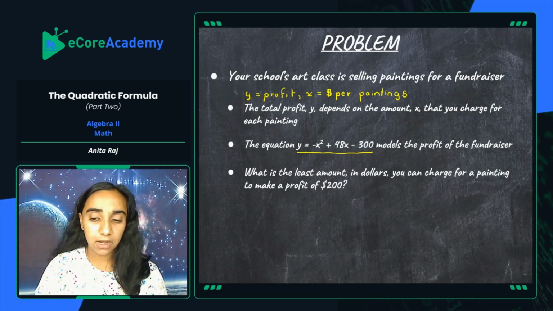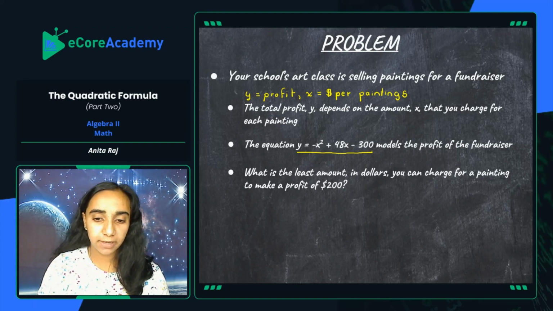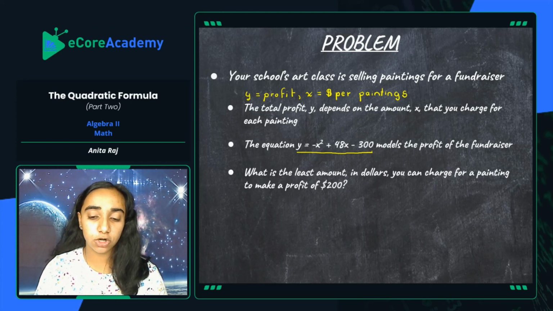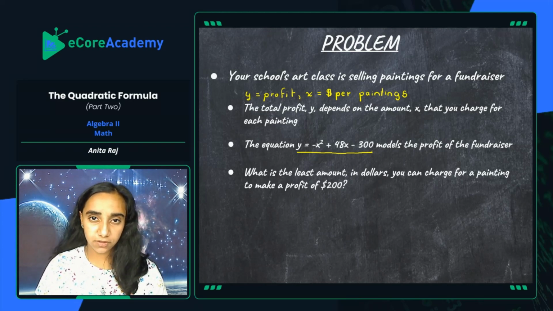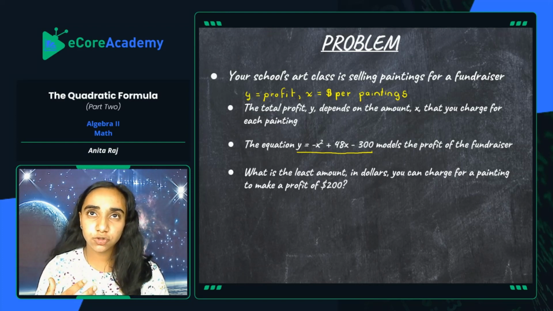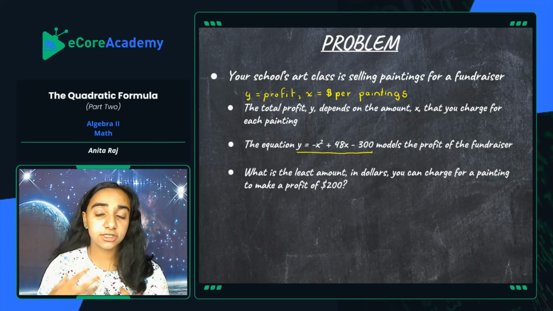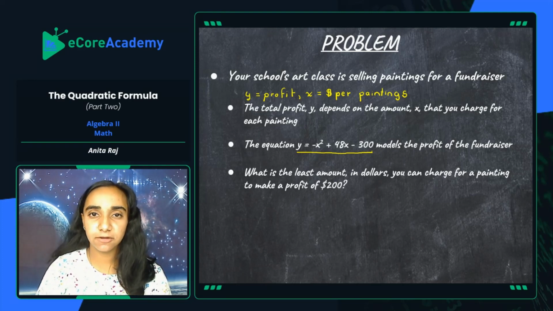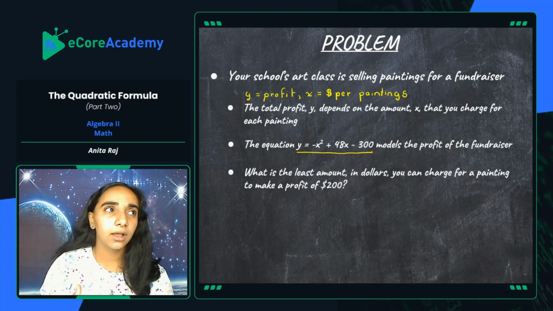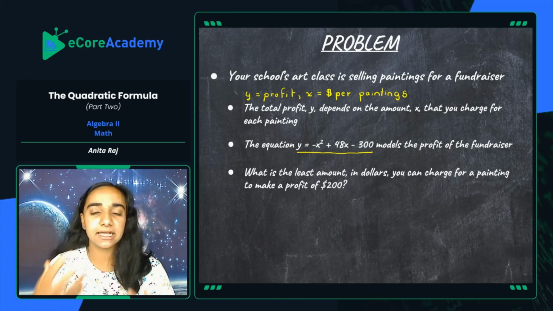So this is going to be the main question. What is the least amount in dollars you can charge for a painting to make a profit of $200? So what does this mean? Because it's a fundraiser, think of it this way. You are trying to make sure that your benefactors, the people who are actually paying you for your paintings, are paying the least amount of money possible, because again, it's a fundraiser for the school. You don't want to be charging excessive amounts of money.